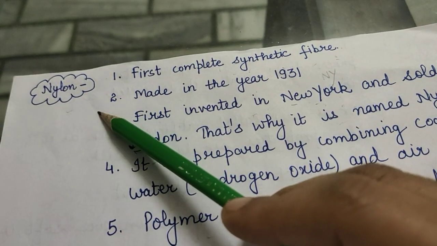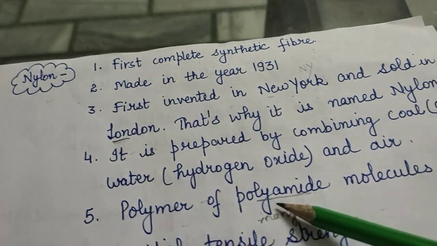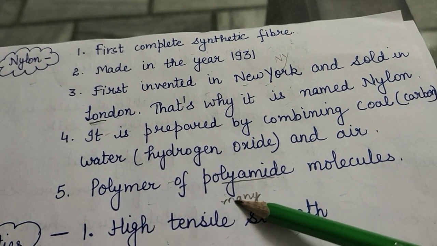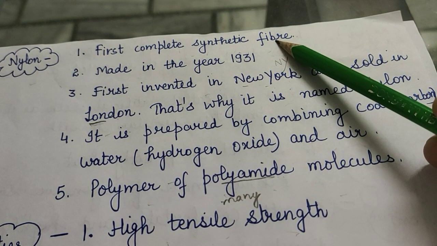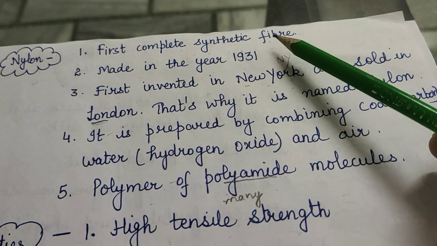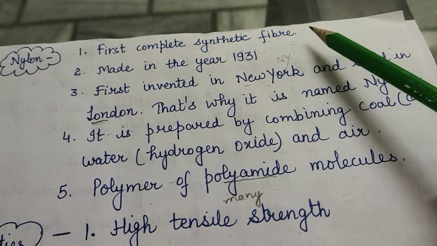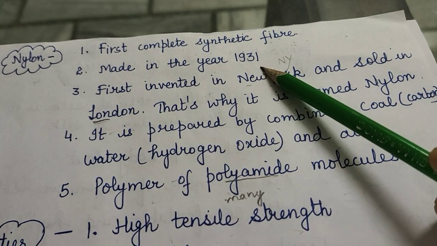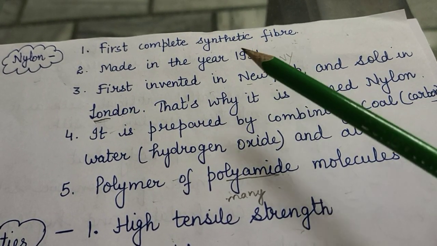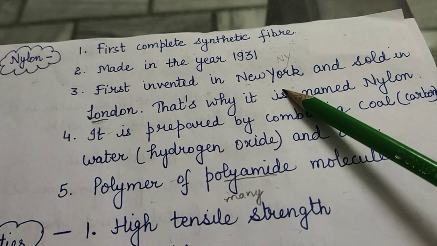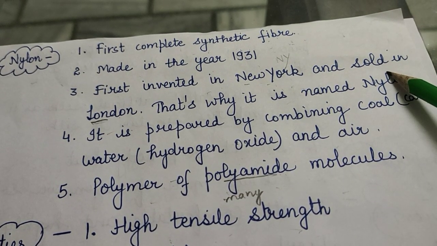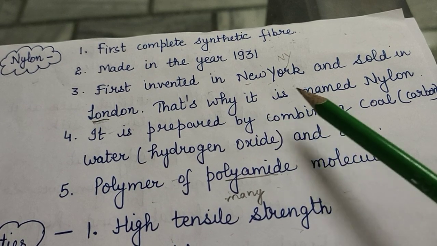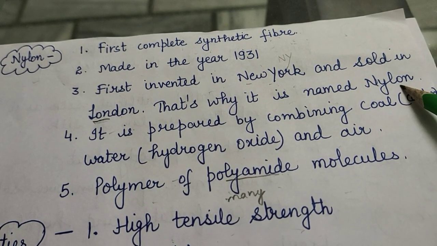Now we are going to discuss first, nylon. So here are some basic points of nylon. First, it is the first completely synthetic fiber to be manufactured, and it was made in 1931. It was first invented in New York, then sold in London. That's why its name is nylon.